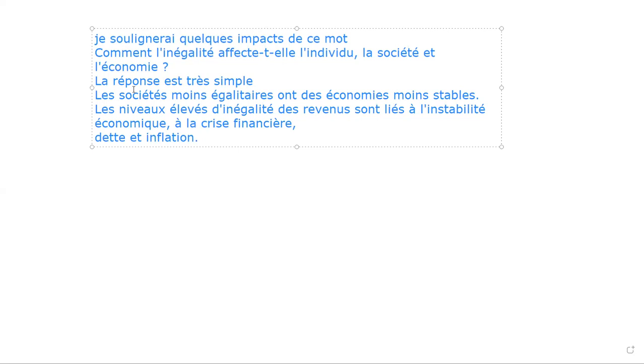La réponse est très simple. The response is very simple. Les sociétés moins égalitaires ont des économies moins stables. What is that? Tell me. The answer, the less equal societies have less stable economies, right?